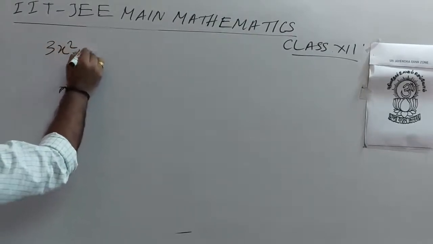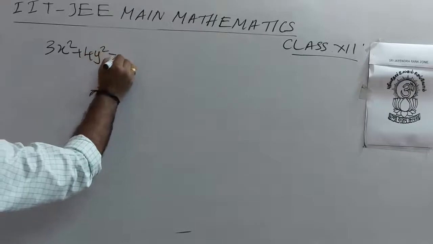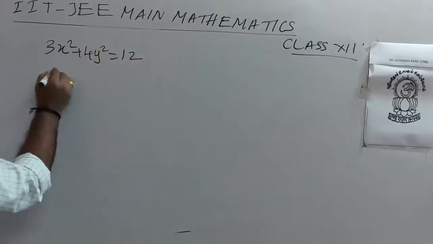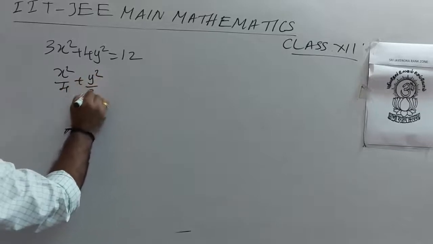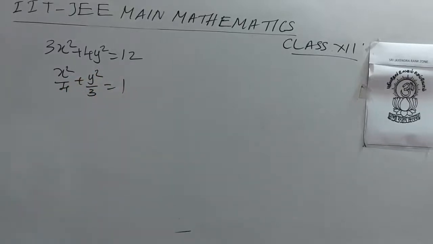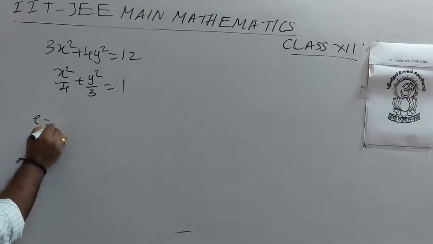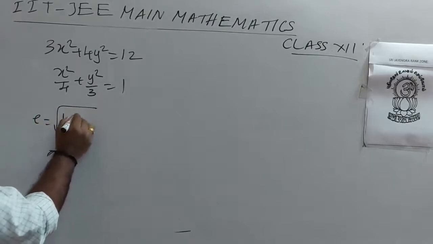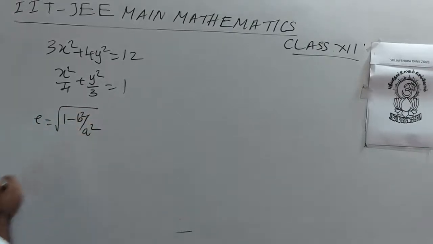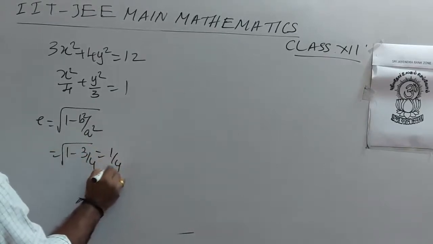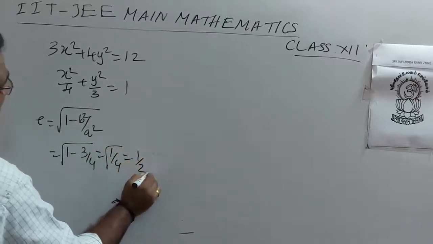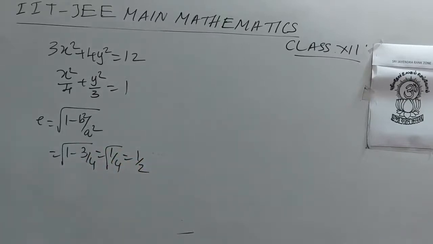Three x square plus 4y square equal 12. Dividing by 12, we get x square by 4 plus y square by 3 equal to 1. E equal to root of 1 minus b square by a square, that is 1 minus 3 by 4, 1 by 4, that is 1 by 2.